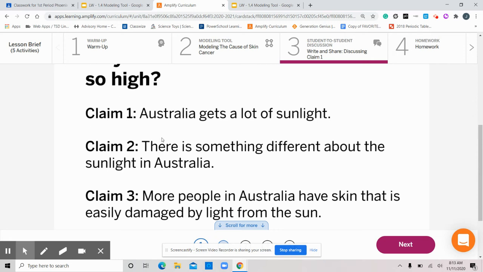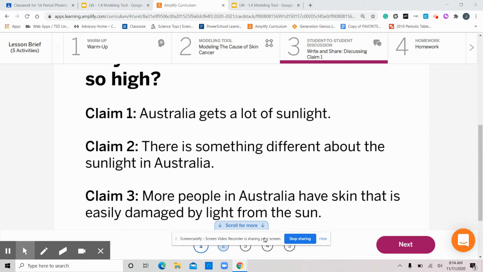Now, normally when we do these, I like to let you guys discover the answer, but I'm just going to tell you right now, friends, claim number one is incorrect, and we're going to see that today. Claim number two and claim number three are correct, and we're going to learn a little bit more about those reasons why later. But claim number one, let's dive into some of the evidence.